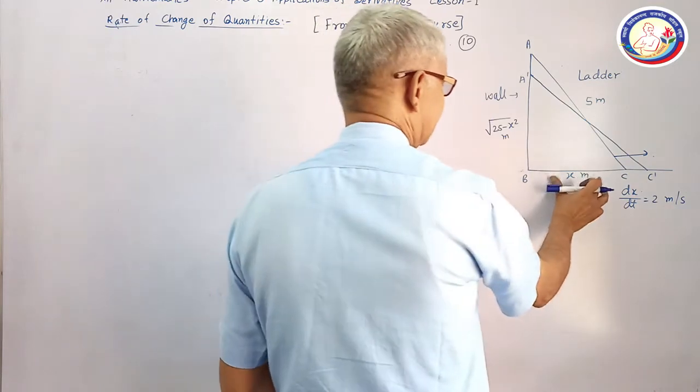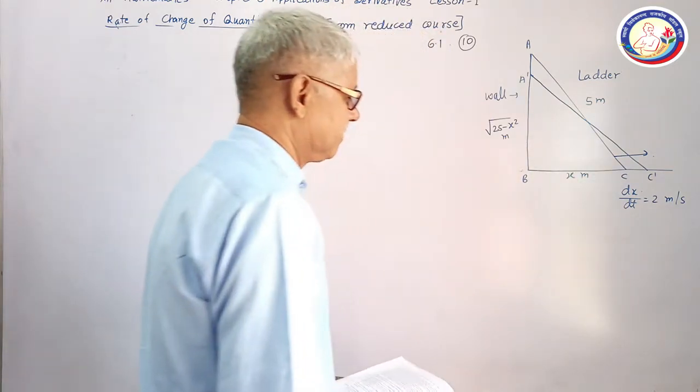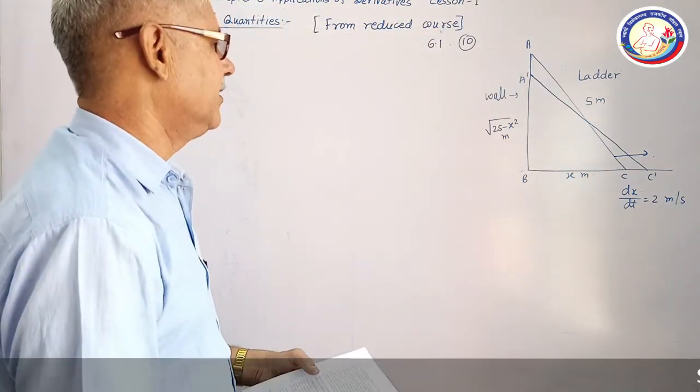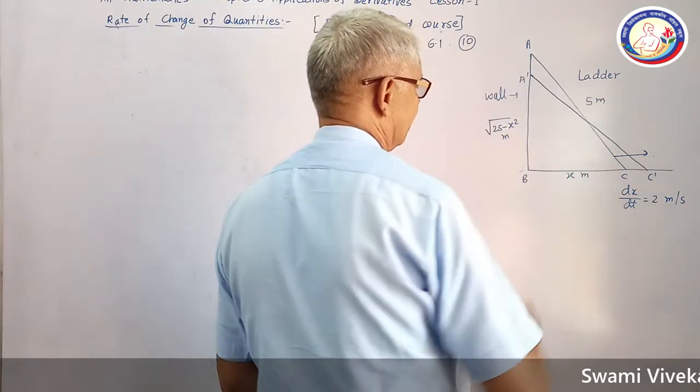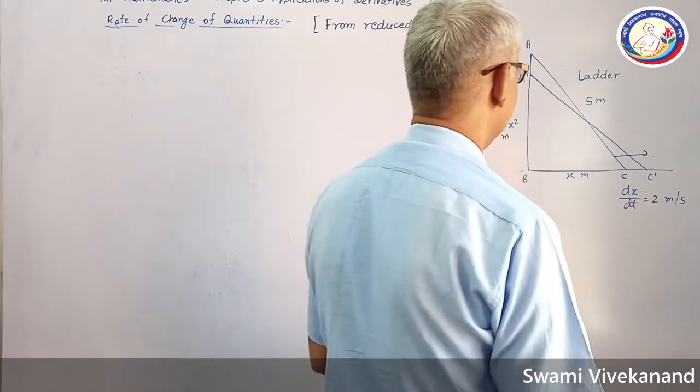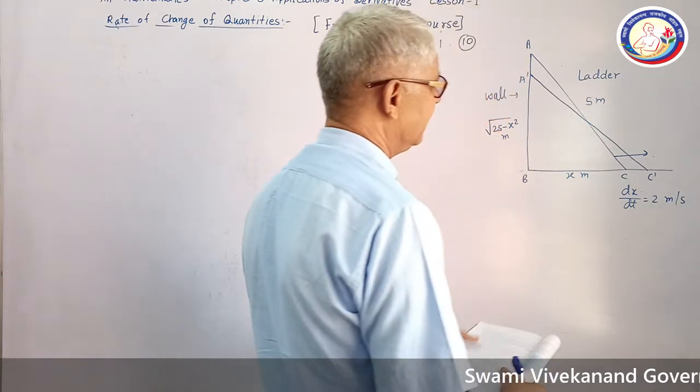Let us consider this side BC as x meter. So what will be the length of this AB? By Pythagoras formula we can find it easily.